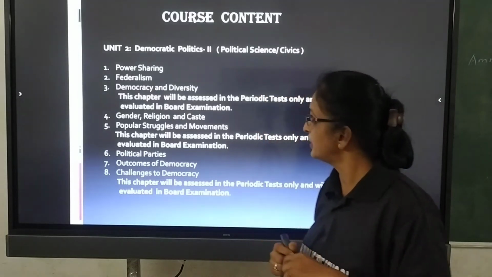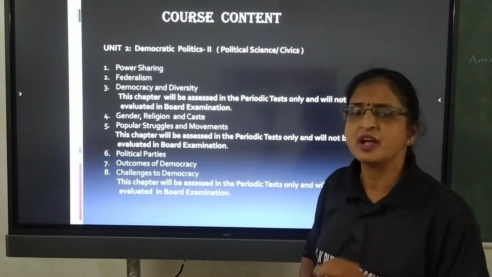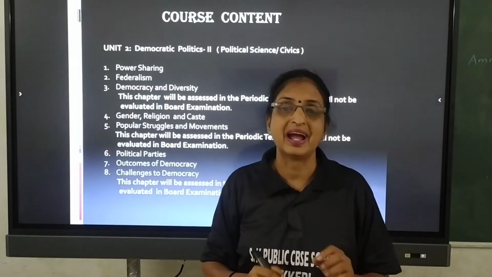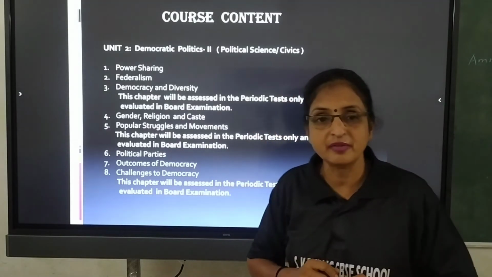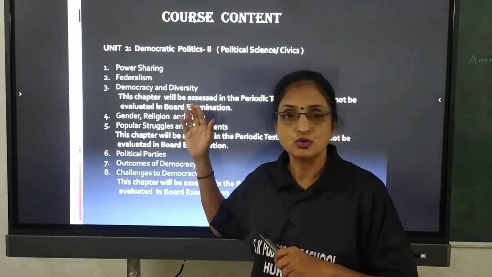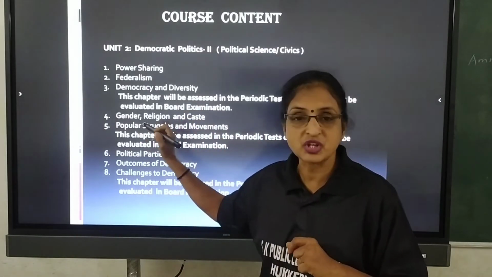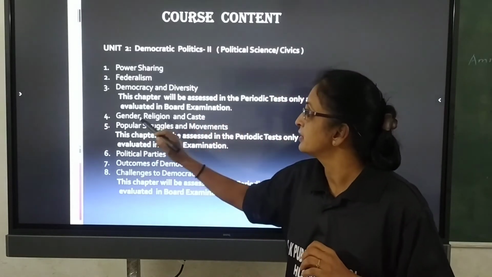Children, this chapter 3 will be assessed in the periodic test only and not for your board examination. Whenever we have our periodic test, you will be assessed on this lesson. Next, the fourth chapter is Gender, Religion and Caste.